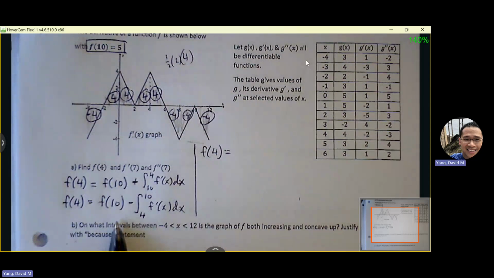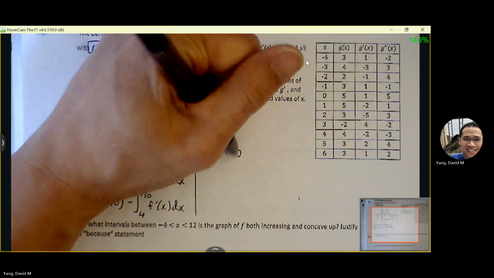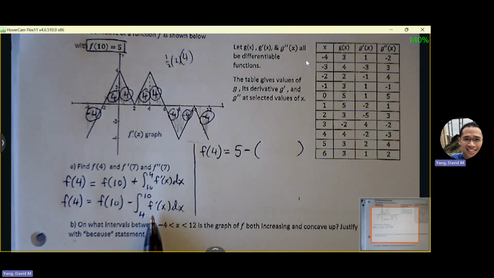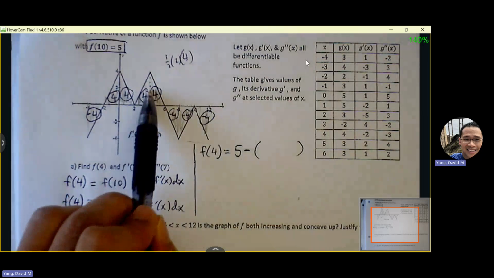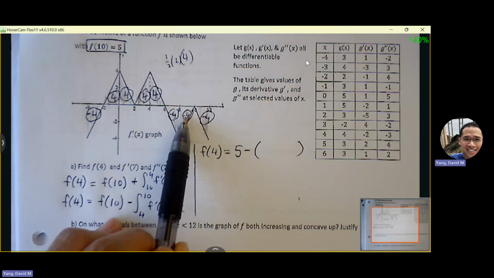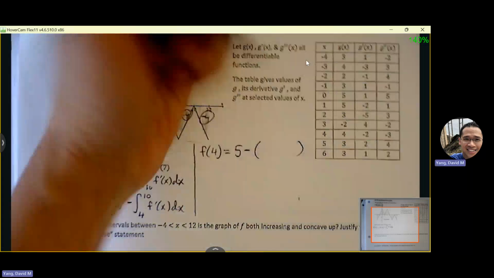So f of 10 is 5 minus, and then let me accumulate all those regions that I found from 4 to 10. So that's going to be 4 minus 4 minus 4, which is -4.